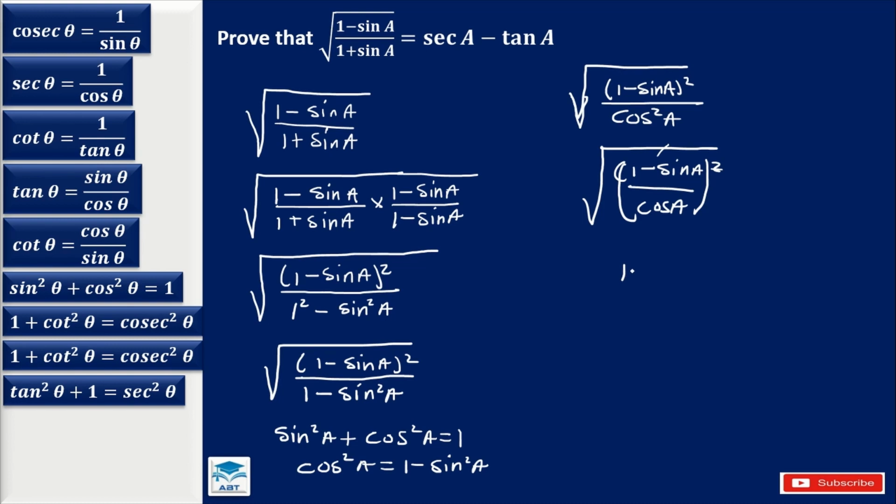So we have 1 minus sine A divided by cos A, which can be written as 1 over cos A minus sine A over cos A. But 1 over cos A is sec A, and sine A over cos A is tan A.